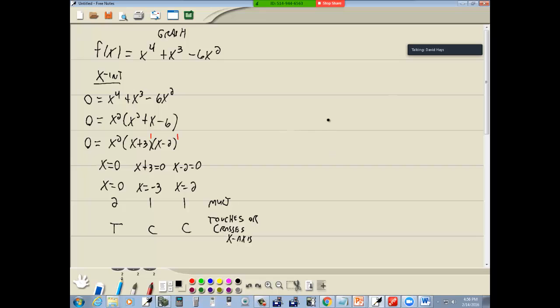And I won't go any further on that, just to point this out. Here's an x-intercept at 0. Here's one at negative 3, and here's one at positive 2. Now, I would know that it's going down as it goes to the left, and it's going up as it goes to the right.